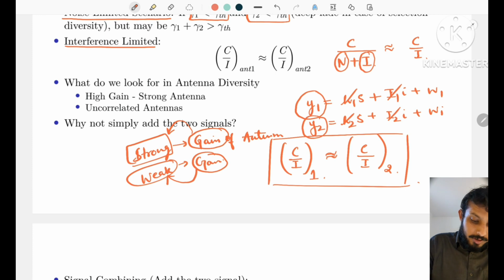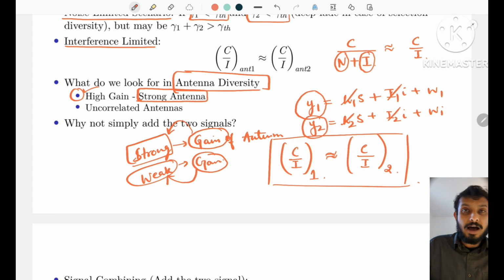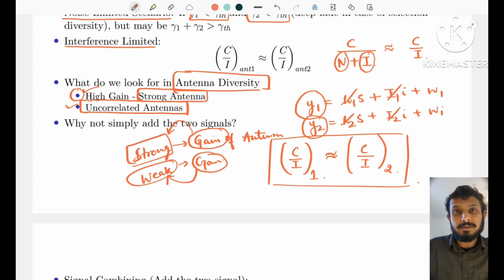So when we talk about antenna diversity, what we have to look for is, first, the strong antenna that will provide us high gain. And second, both the antennas, or the M antennas, should be uncorrelated to each other. When there is correlation, if one is in deep fade, the other will automatically be in deep fade.